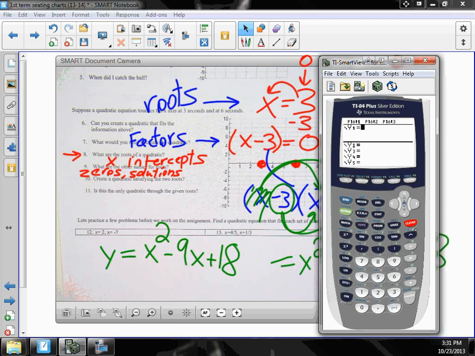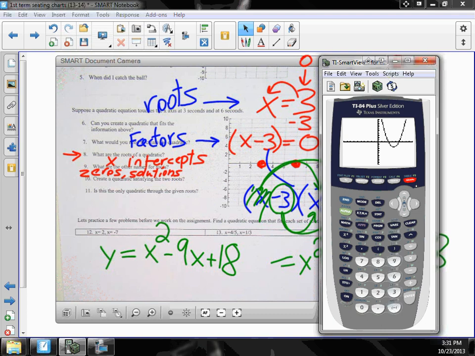Let's graph this equation. So graph x squared minus 9x plus 18. Graph. And that is a quadratic that hits the x-axis at 3 and at 6.